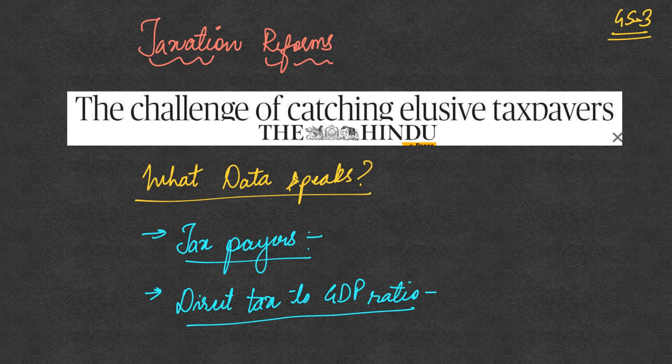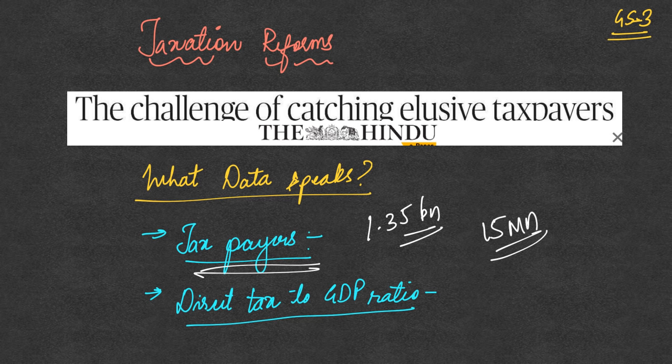So let's see what the backdrop is in which these taxation reforms have been announced. Why is it important that we need to reform the taxation system? Let's understand what the data speaks. If we look at the number of taxpayers in India, out of a population of 1.35 billion, just 15 million have paid taxes in India.